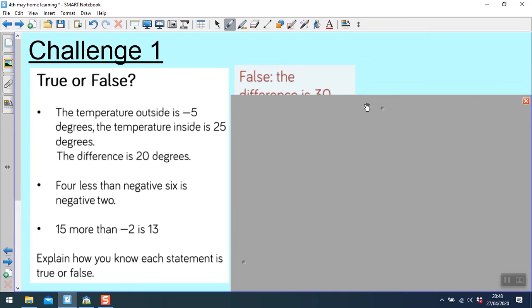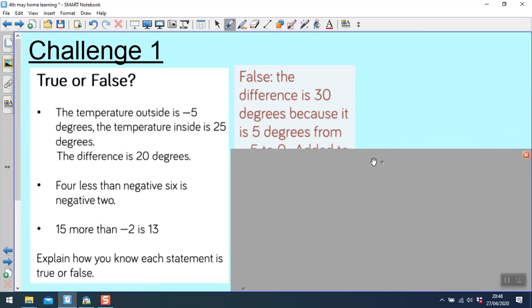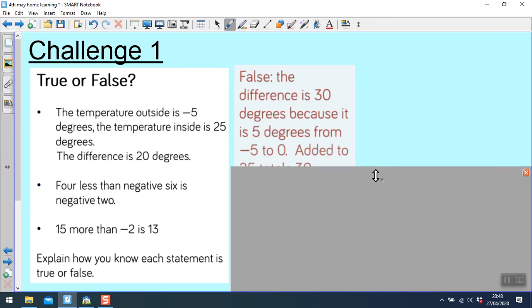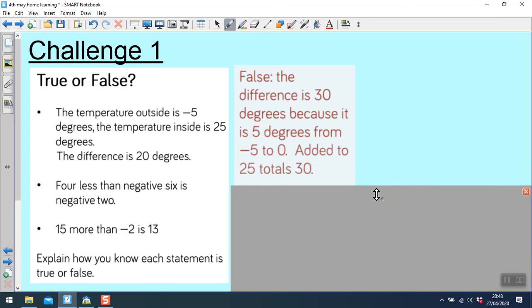Go over the answers. First one is false. The difference is 30 degrees because it is 5 degrees from negative 5 to 0. Added to 25 totals 30. So you've got a number line, negative 5, add 5 makes 0, and then add 25 makes 25.